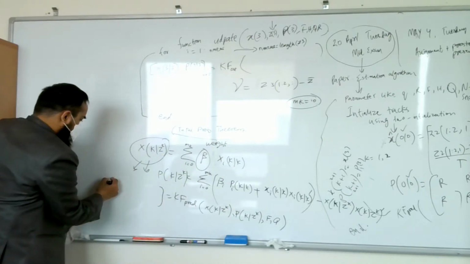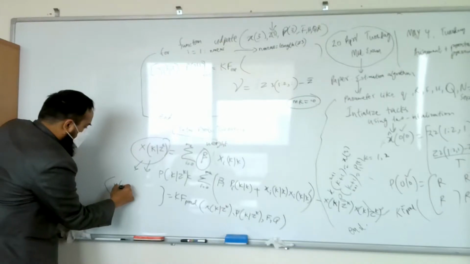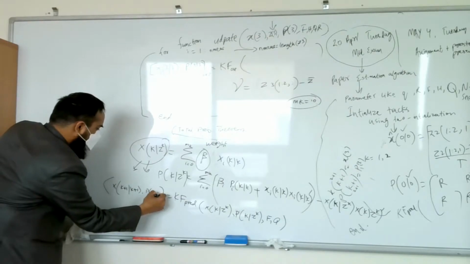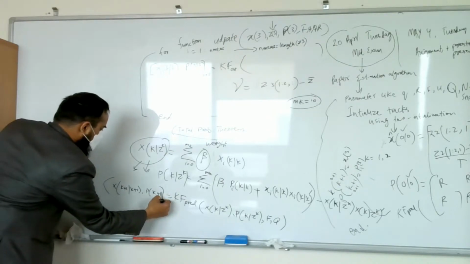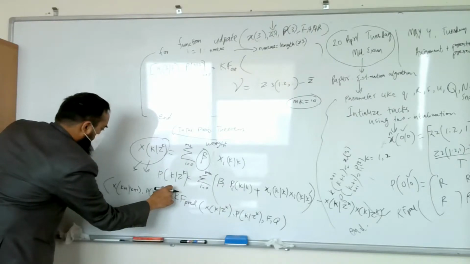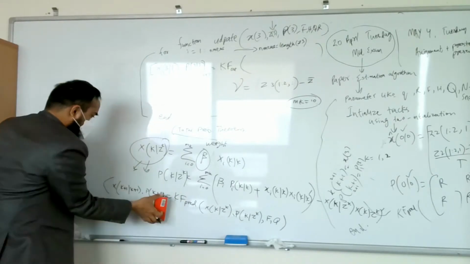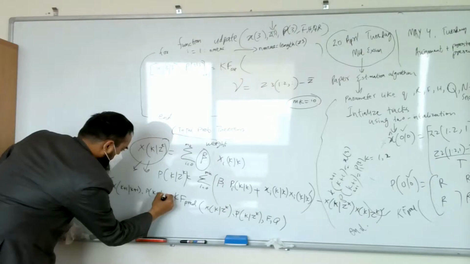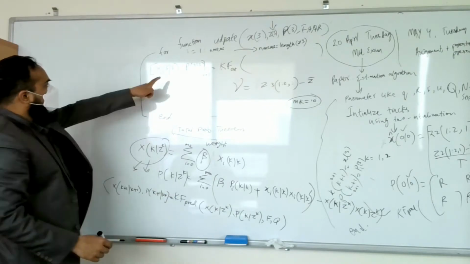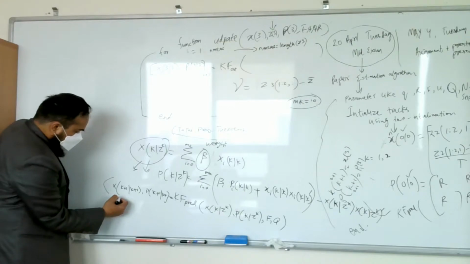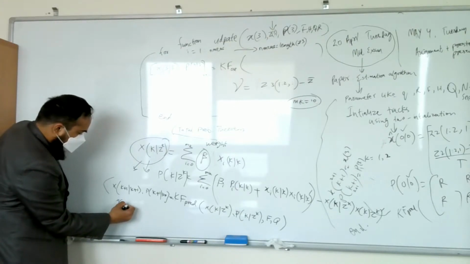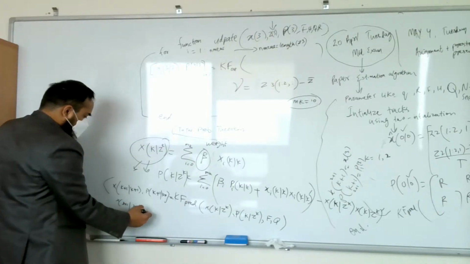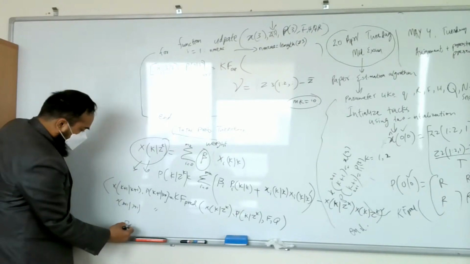So this will give you x of k plus 1 and p of k plus 1, conditioned on k. If you are here at 3, then this will give you x of 3 plus 1 and p of 3 plus 1. Similarly this one.